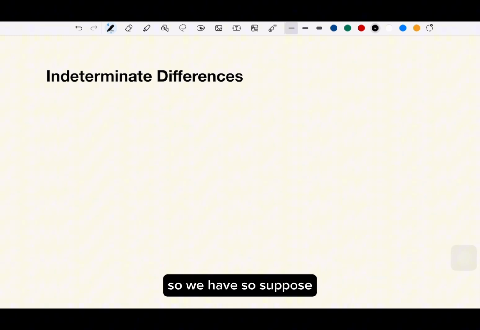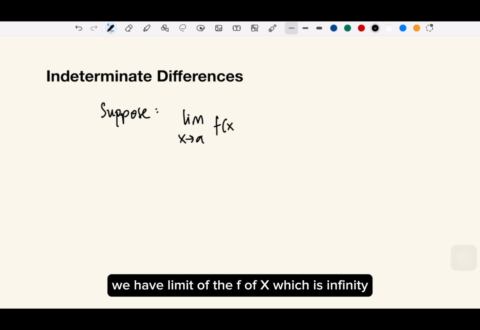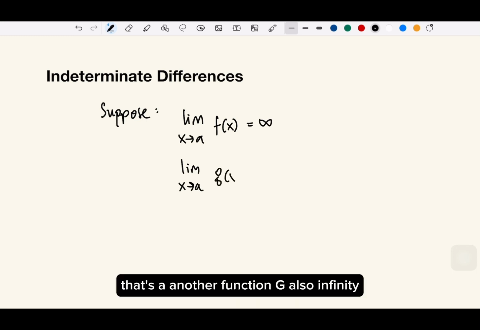So suppose we have the limit of f of x, which is infinity, and we have another limit, let's say another function g, also infinity.